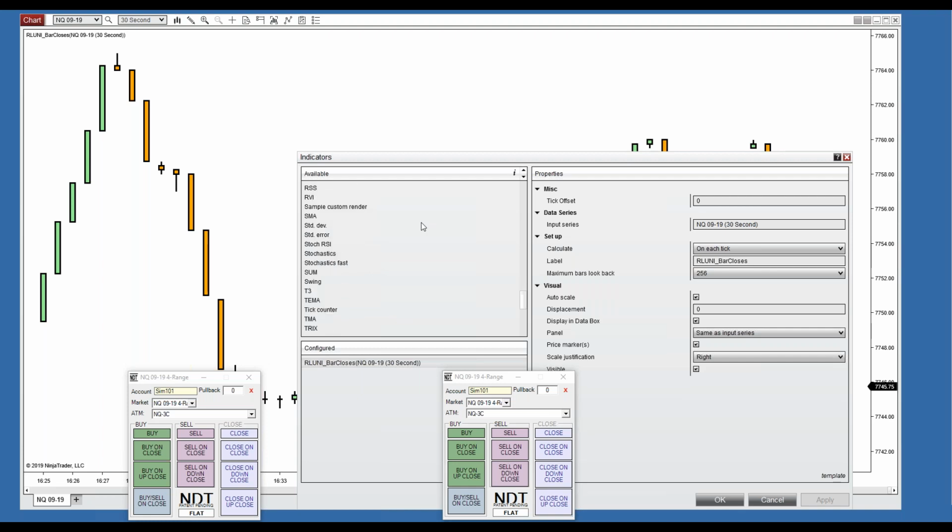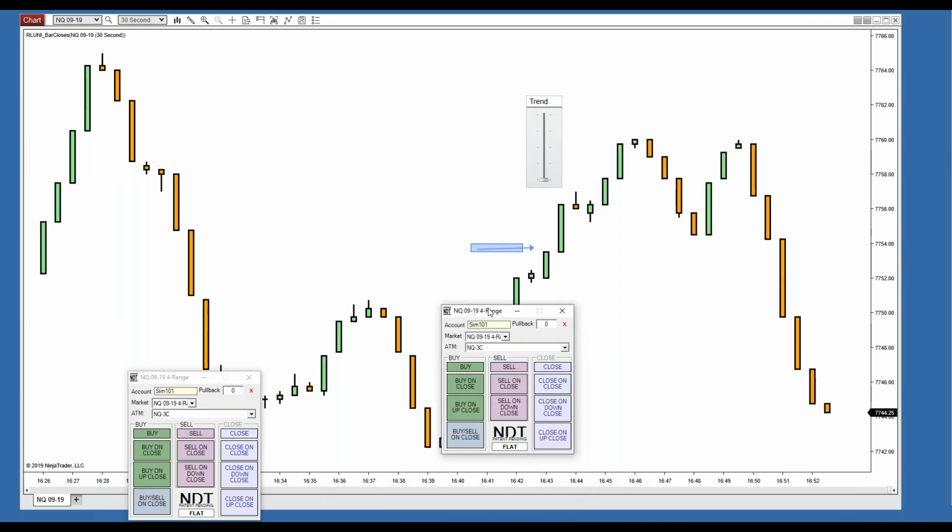So I don't trade time, but I think there is somewhere here. I'm not going to look for it. We know that it's going to close every 30 seconds. And we don't know exactly where it is going to close. So let's come back up here and buy an up close.